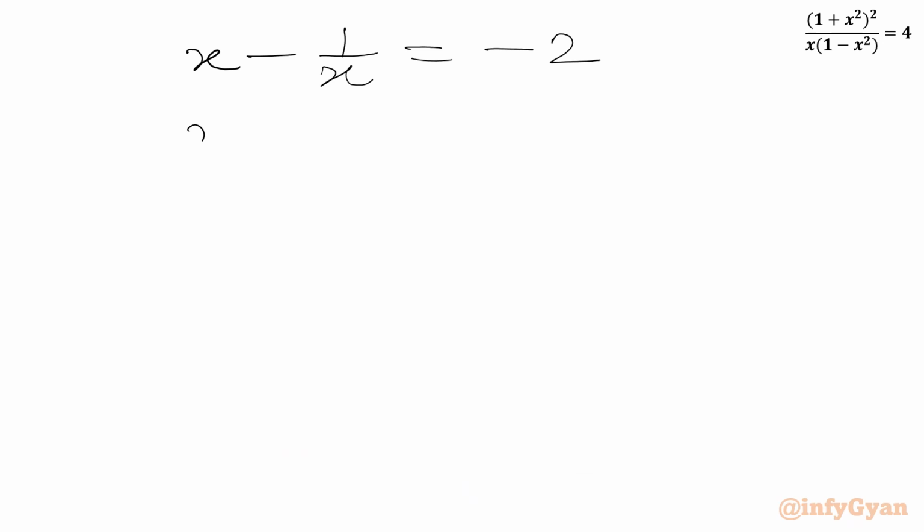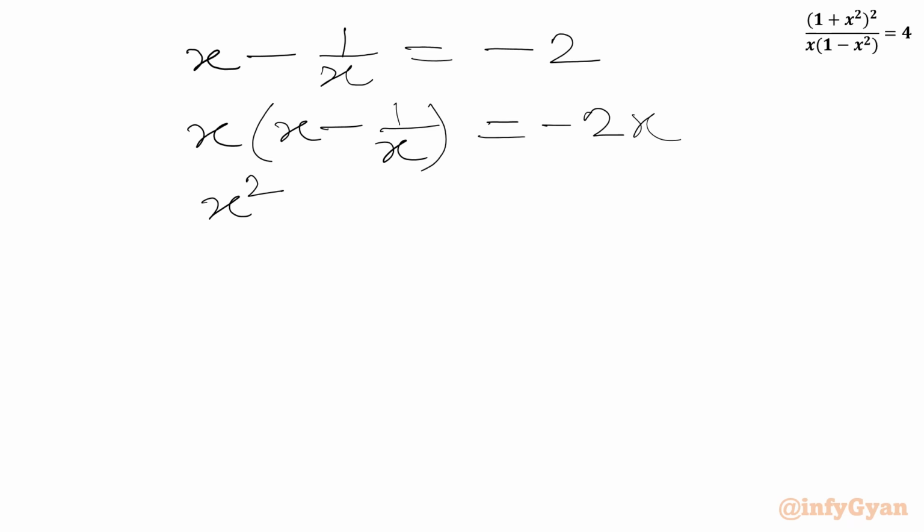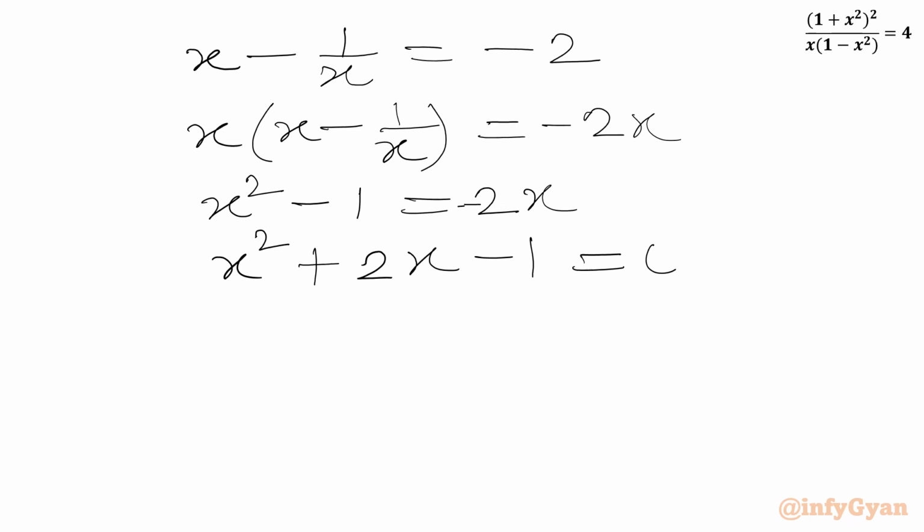So we can multiply both sides by x. x times x minus 1 over x equal to minus 2x. We'll write x square, x times minus 1 over x is minus 1, equal to minus 2x. Now we will take all the terms to LHS. We will write x square plus 2x minus 1 equal to 0.